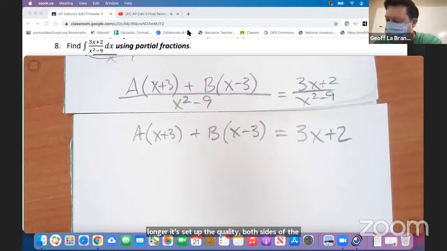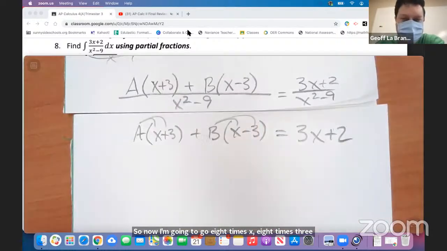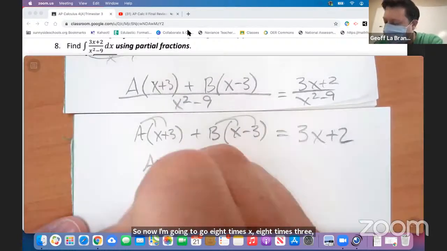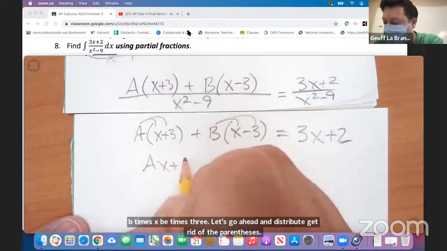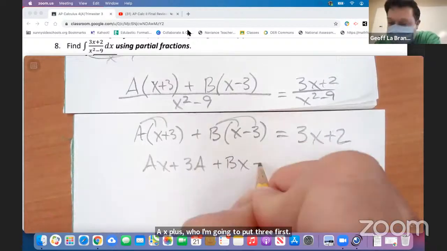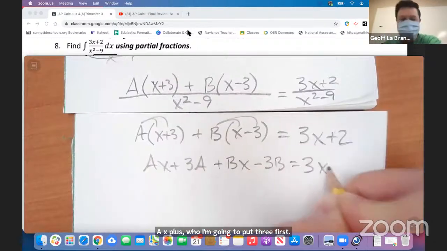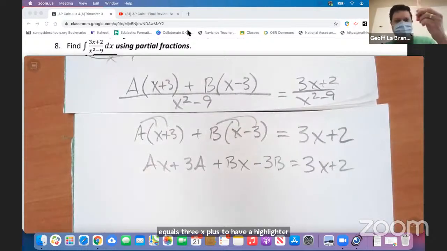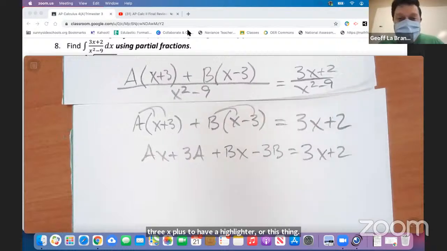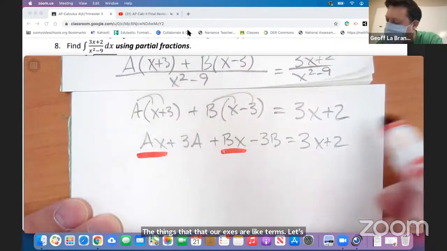So now I'm going to go A times x, A times 3, B times x, B times 3. Let's go ahead and distribute, get rid of the parentheses. Ax plus, I'm going to put 3 first, plus Bx minus 3 goes first, equals 3x plus 2. Now I have a highlighter. The things that are x's are like terms. Let's combine them. Ax plus Bx.